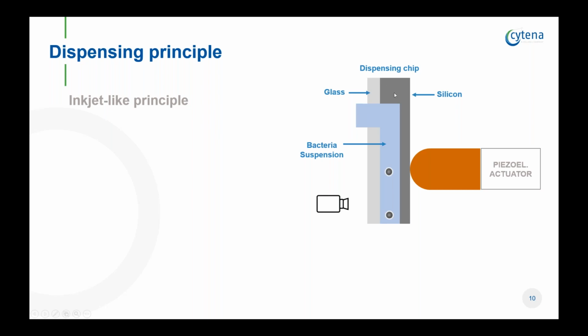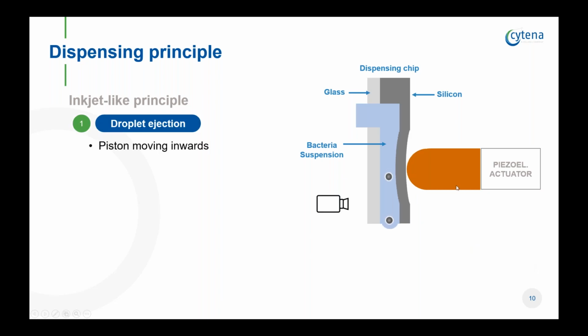This is the side view of one of our dispensing chips, which consists of a microstructured silicon part and a glass cover. And inside we have our suspension with cells. This here is an inlet, and here you have the nozzle where the droplets are generated. We also have a piston that's driven by a piezoelectric actuator and our microscopic camera system.